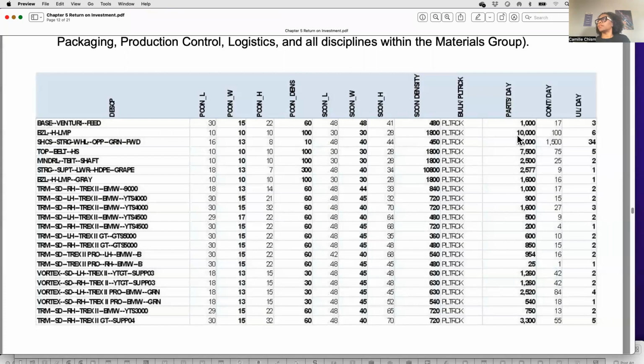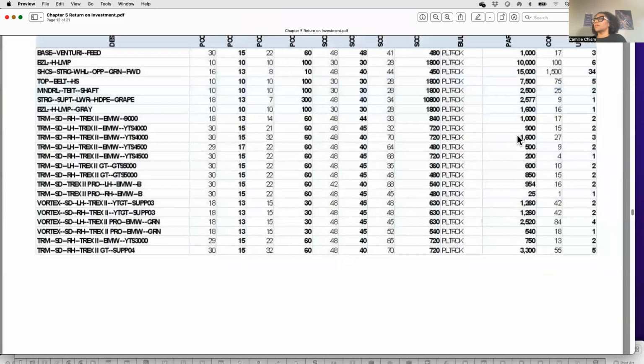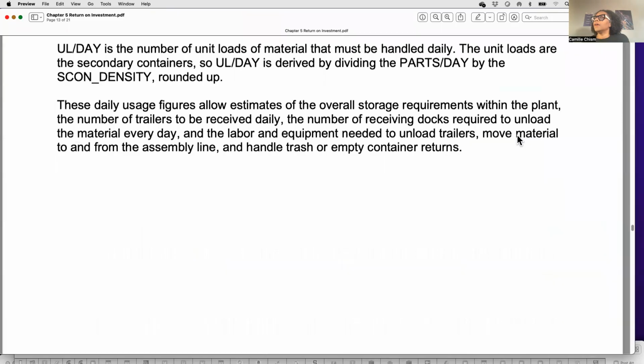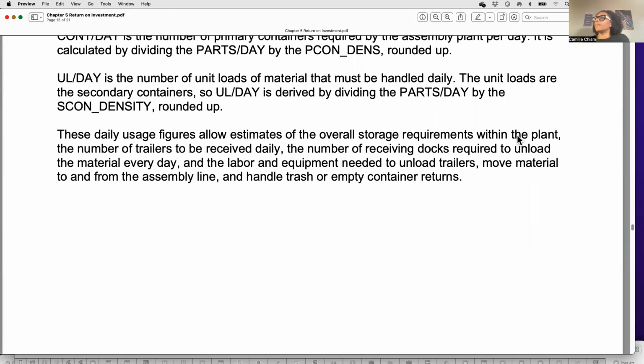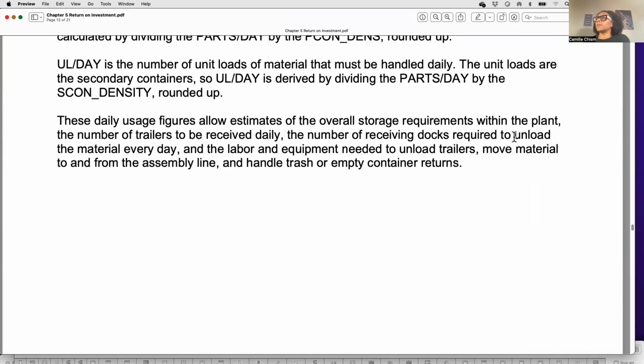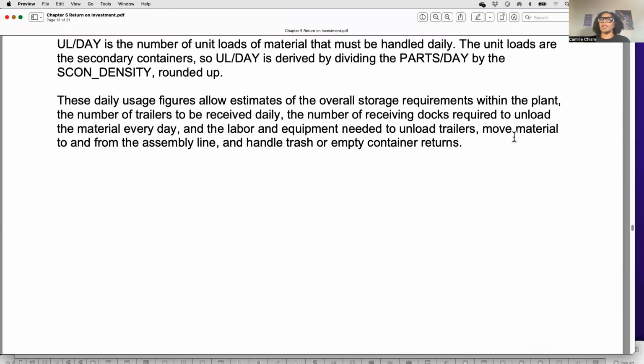It just doesn't sound right to me. Okay, unit loads per day. All right, so next you're going to make sure it's rounded up. That might be why. So okay, this gives you an idea of how much space you're going to need.